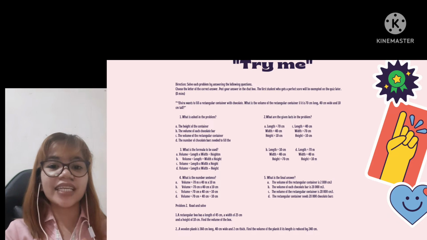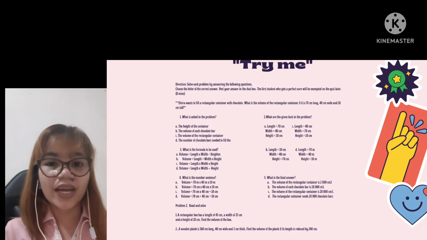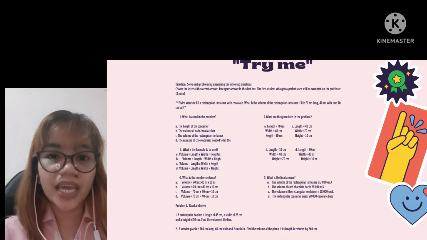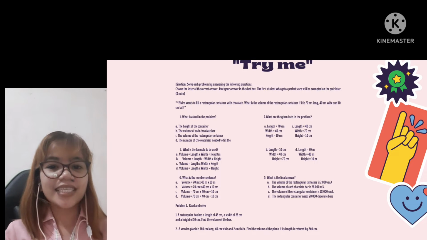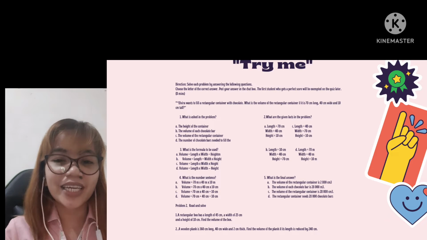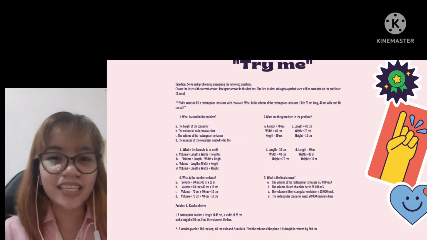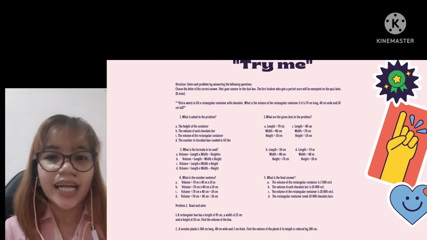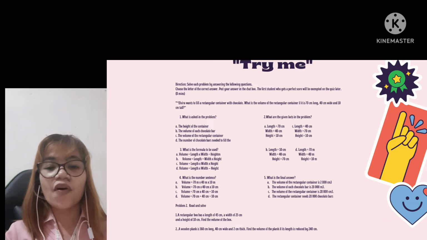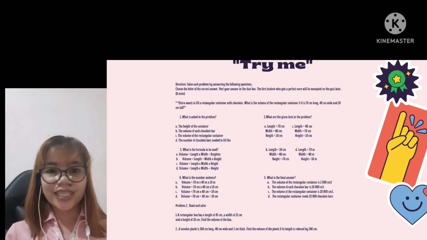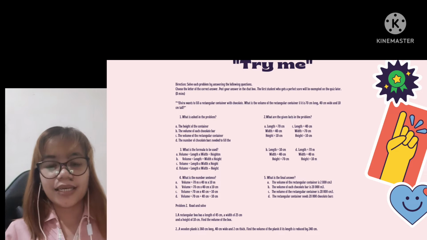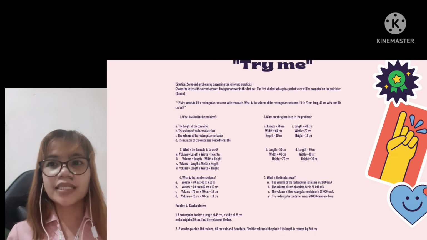Thank you. And now, since I can see that all of you already know what a rectangular prism is, in your screen right now, we have a problem to solve. So let's try it. This problem solving, I call it Try Me. Let's solve this one for 8 minutes and post your answer in our chat box, in this Google Meet chat box.